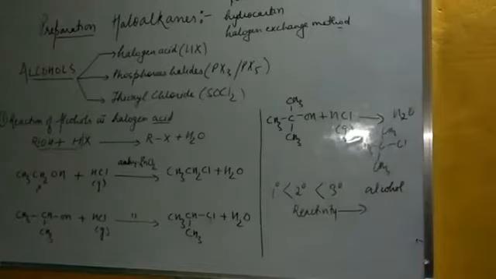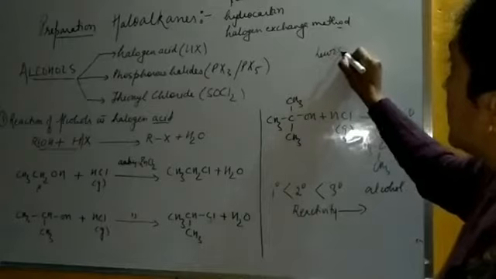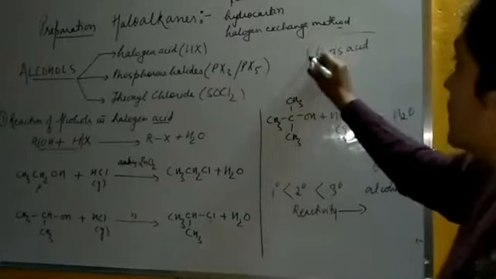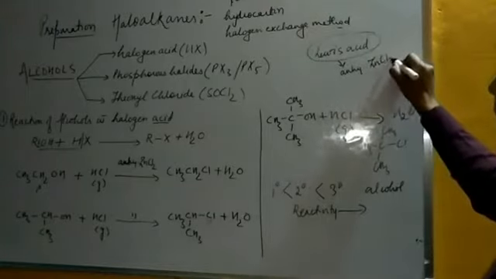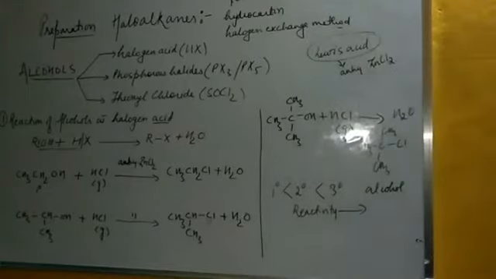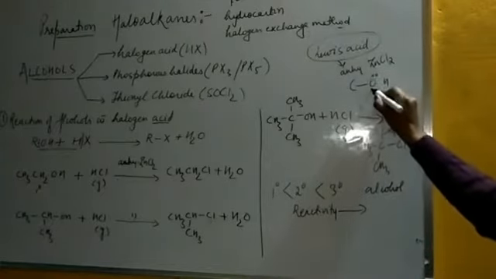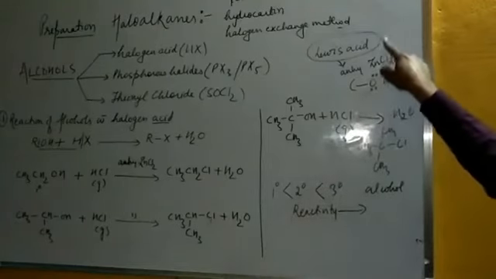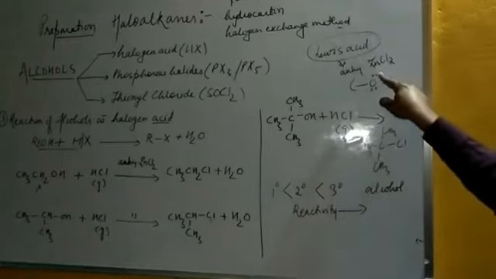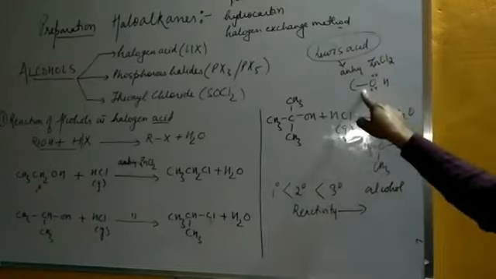Now what is the role of anhydrous ZnCl2, student? It acts as a Lewis acid here. So anhydrous ZnCl2 is acting as a Lewis acid, and what it does, this is the oxygen. Here it has got the lone pair on it, and anhydrous ZnCl2 acting as a Lewis acid just coordinates with this oxygen of the alcoholic group, right, and thus weakens the bond between C-O, right.